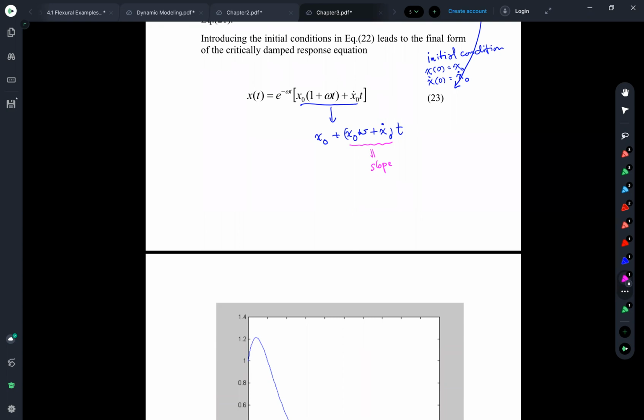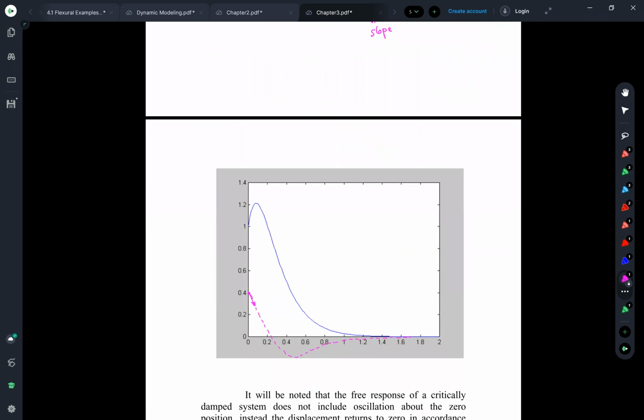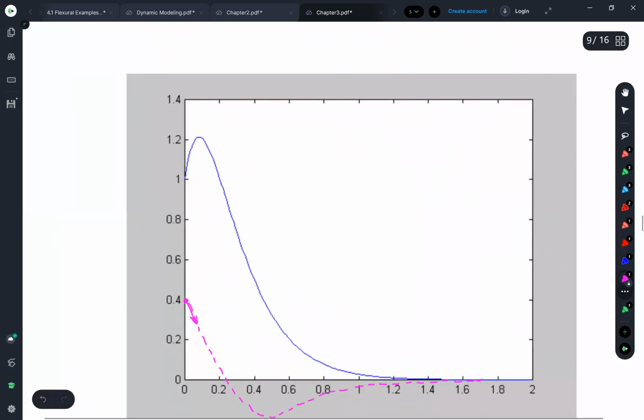Therefore, the combination of the terms as in 23 becomes something like this decay curve, the blue line. And when I plot this, please remember the initial condition is pretty easy to see when you look at the plot. For example, here, let me zoom in a little bit and look at this initial point, the red color may be better.